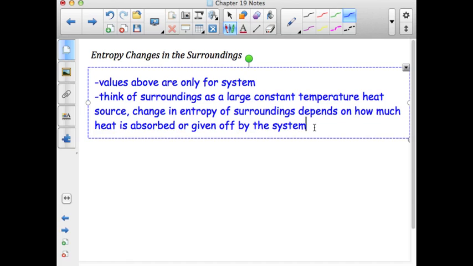The change in entropy of your surroundings depends on how much heat is absorbed or given off by my system. So whatever my system gives off is going to change what my surroundings absorb or lose, depending on what your system is doing. And we can figure out how much my surroundings will absorb if my system releases it, based on the actual enthalpy change for the system.